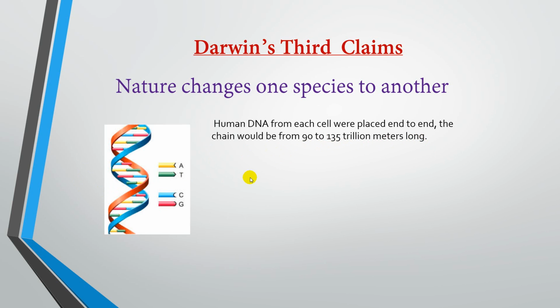It's like a chain, and if you put it end to end, it would make a few trips to the moon and back. That's how long human DNA is, and it's only made up of these connections, A, C, T, G.